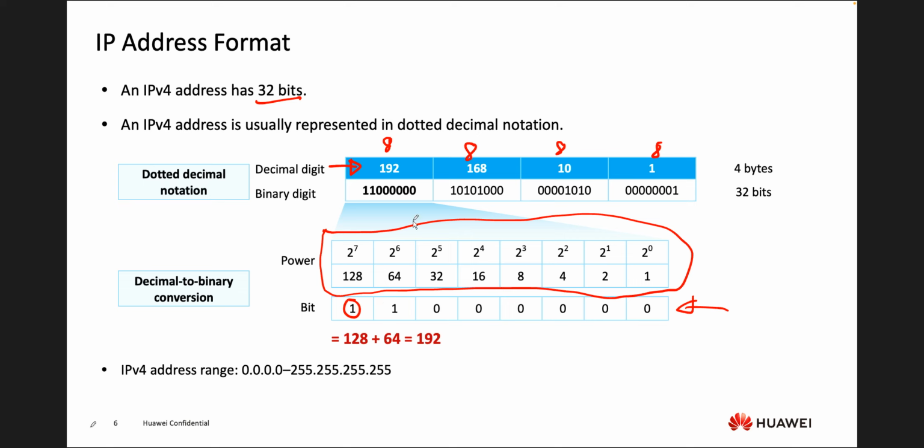You use this table as your guidance to work out the bits, because if you subtract 128 from 192, you have a remainder of 64, and then you would have nothing left, and the rest becomes zeros. So that's how you work it out from decimal to binary.